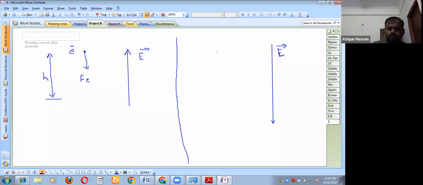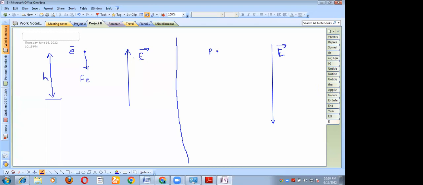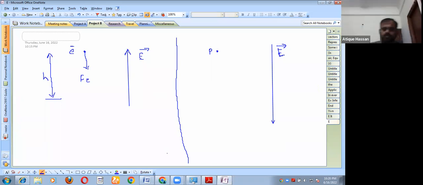And now a proton, the proton has a plus charge. So a proton is allowed to fall. What will be the direction of force on the proton? Shabya, what will be the direction of force on the proton? Opposite? Why opposite?